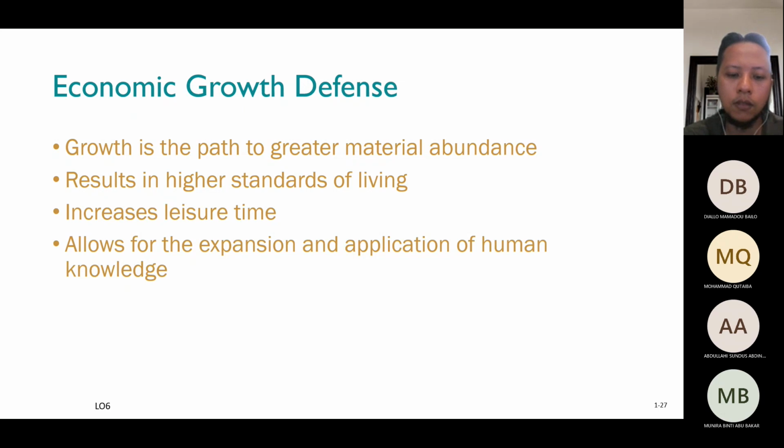However, because of the growth, especially in terms of technology, the argument is that we can have a lot more resources, greater material abundance, and this can be distributed to the population. Of course, this will result in higher standards of living.